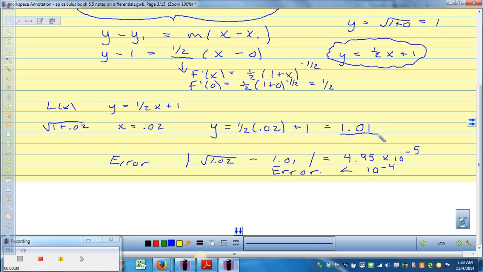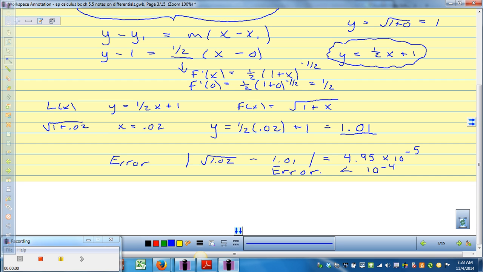So we're using the tangent line to approximate this value. You need to plug into the tangent line, and the x value is 0.02 because our function, f of x, was the square root of 1 plus x. So if we're trying to figure out the square root of 1.02, that means the x value is 0.02.